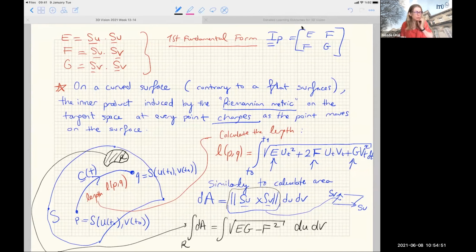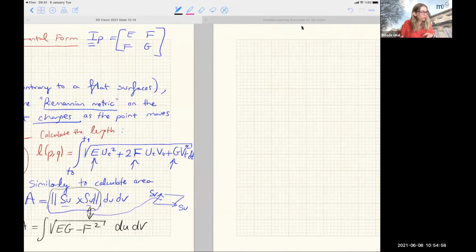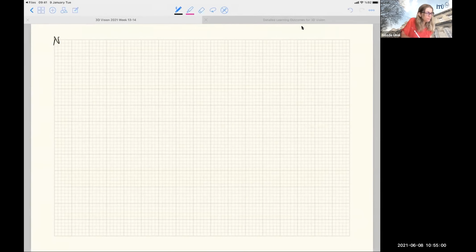Okay, I used Lagrange's identity to show this equivalence. Maybe for your notes, I can note this. Note, guys, this is it: A cross B squared. This is Lagrange's identity.